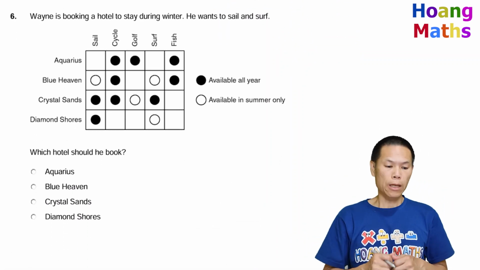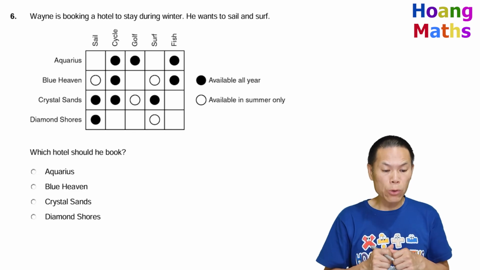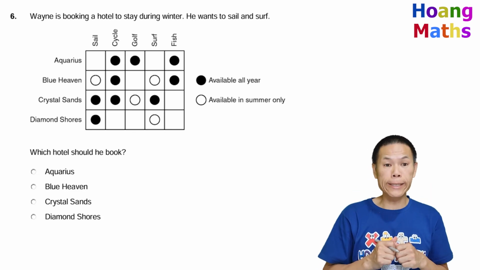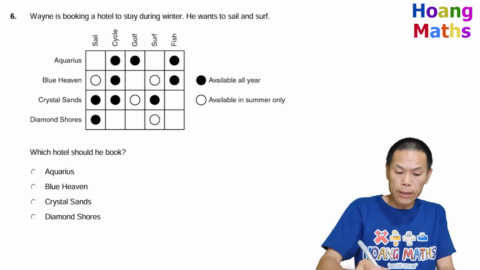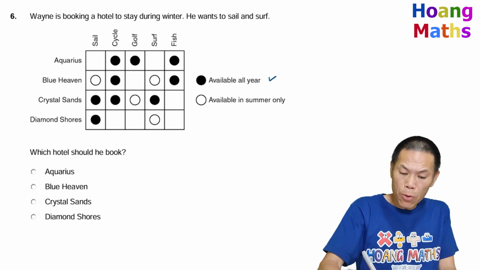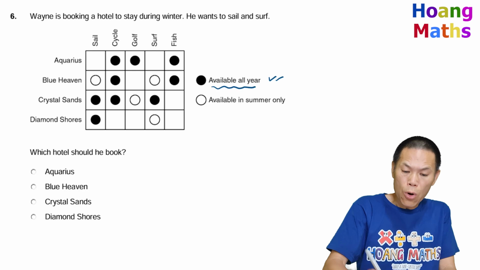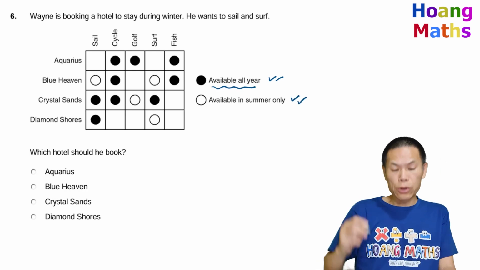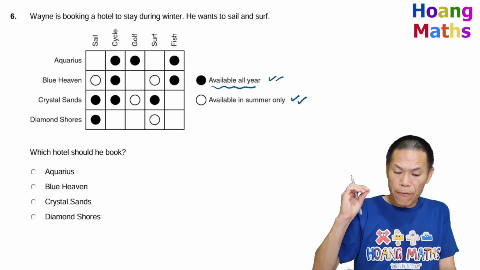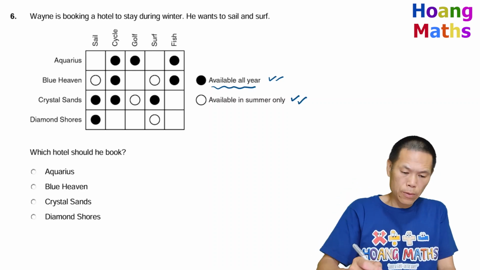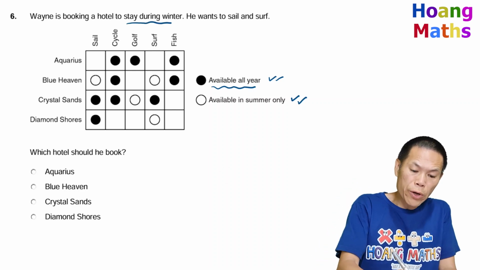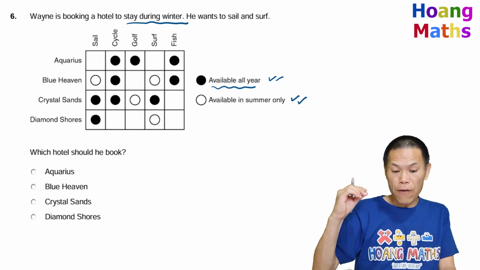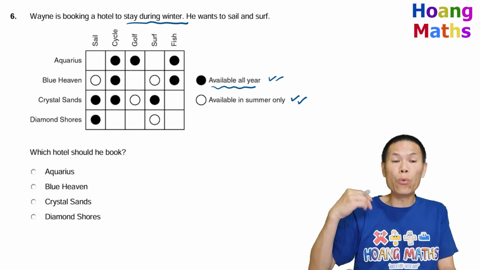Question number 6. Wayne is booking a hotel to stay during winter. He wants to see and serve. So this means that, so a filled bubble means available all year. And if it is not a filled bubble, this means that it's only available in summer. But he wants to stay during winter. So we need to look for the one that is available all year, okay, or winter.